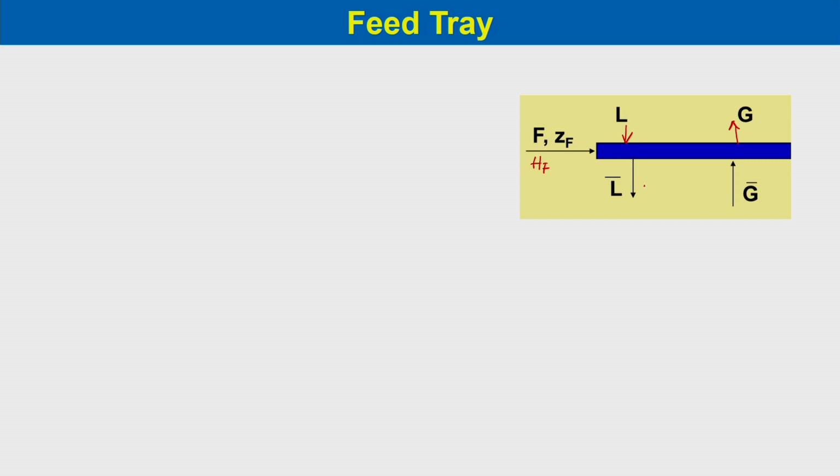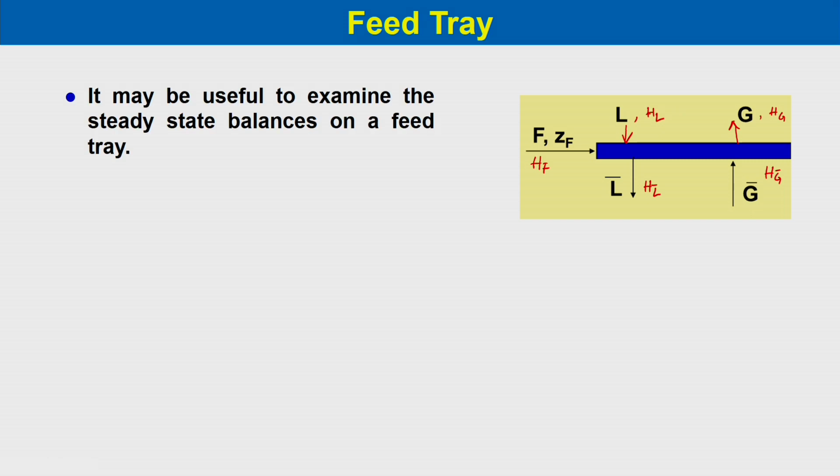These are having the enthalpies HF, HL bar, Hg bar, Hg, and HL. Now, it may be useful to examine the steady state balances on a feed tray.